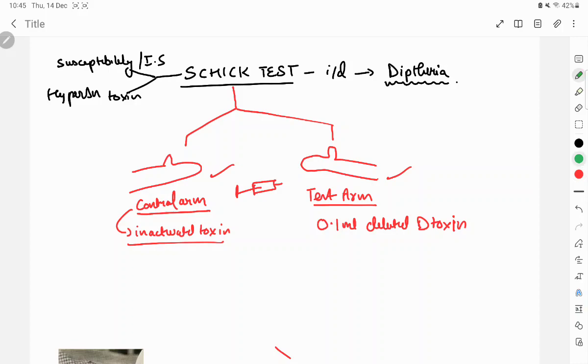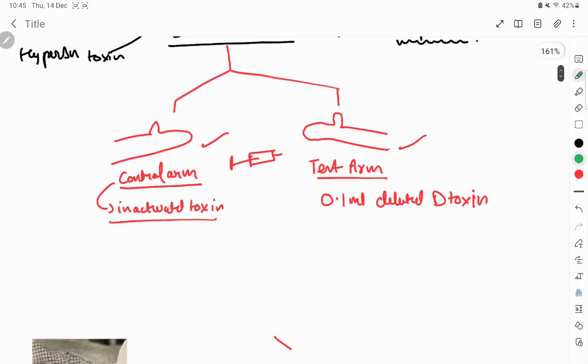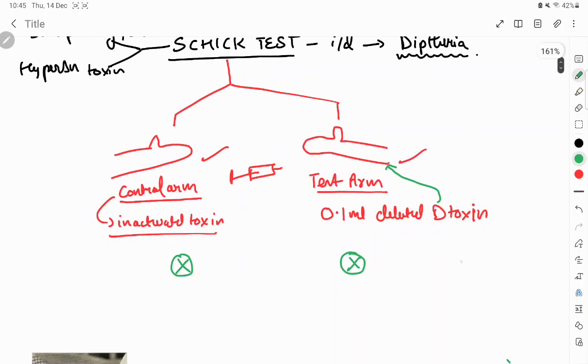Okay, so now we start. When we inject inactivated toxin into the control arm, we see no change, no reaction, even after 48 hours or 4 to 7 days. Same when we inject the diluted toxin into the other arm, there appears no change. So the test is negative.